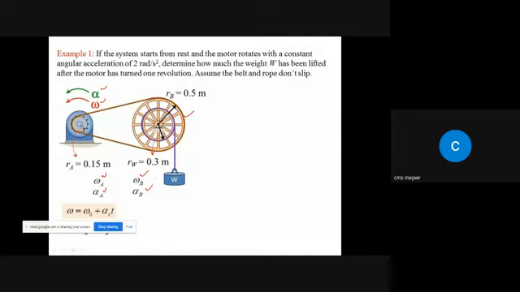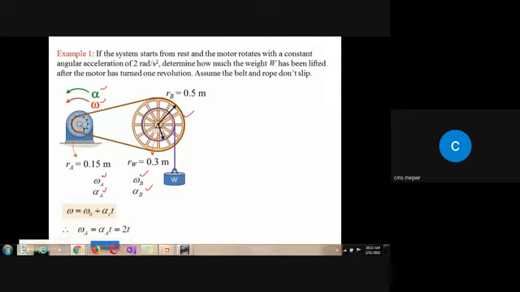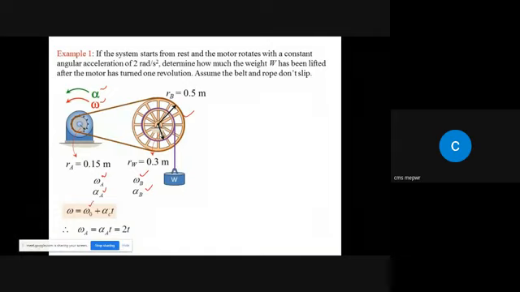As we know, for angular motion we can write omega is equal to omega naught plus alpha t, right? In this case omega naught was 0. So we will get omega is equal to alpha into t.